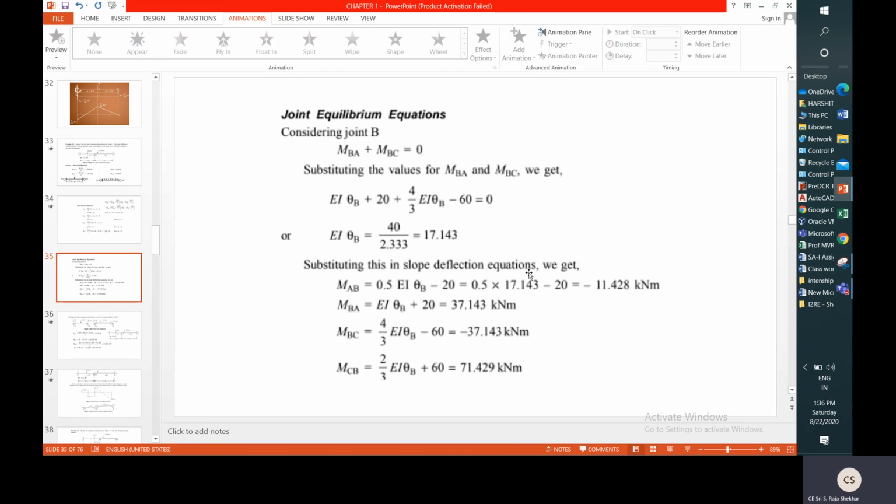Substituting this in the slope deflection equation, MAB is equal to 11.428 kilonewton meter.